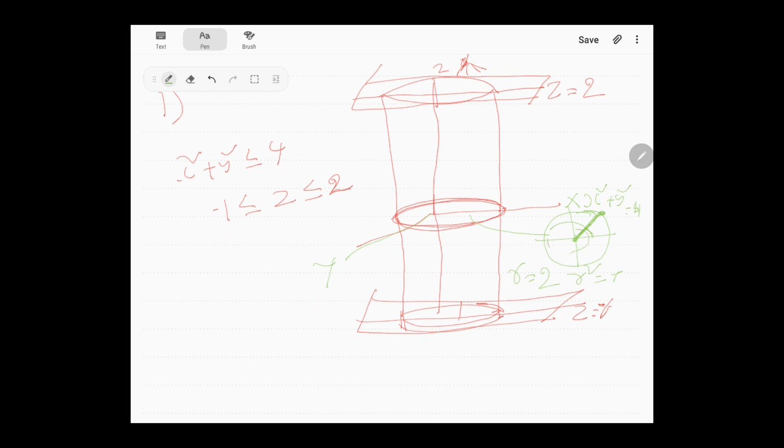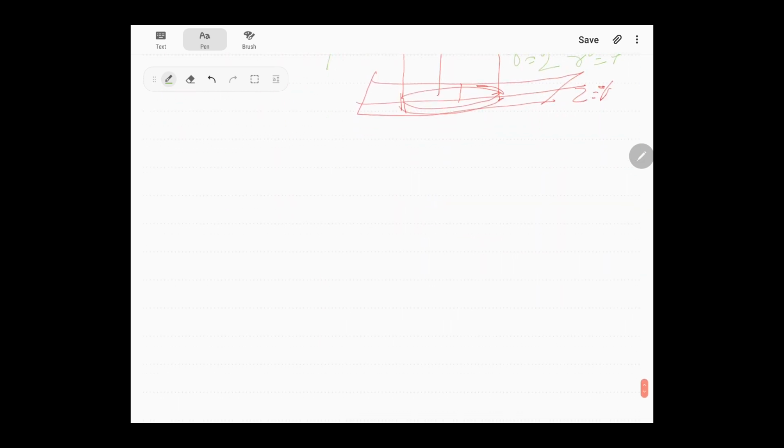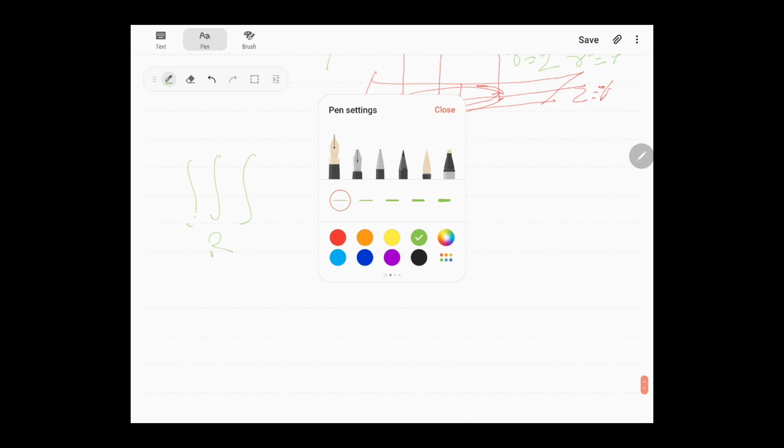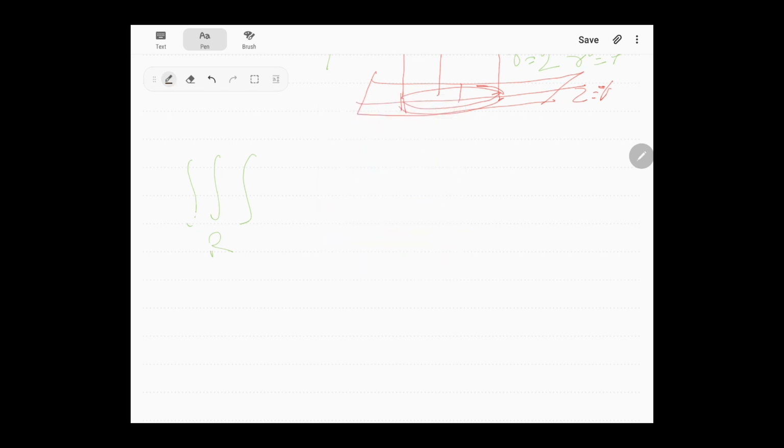Therefore, for the given problem, this is the one he has given: triple integral over that region R. I'll change the color. Triple integral over R, the integrand is x square plus y square plus 2z square dx dy dz.